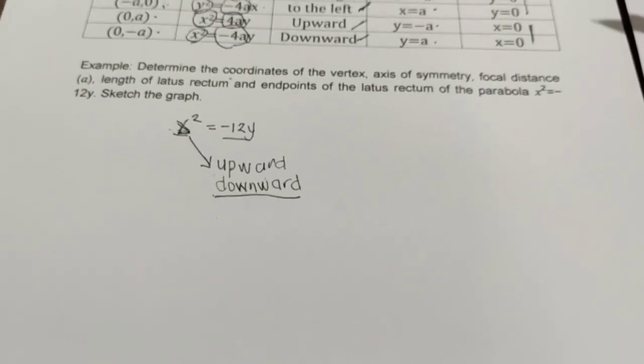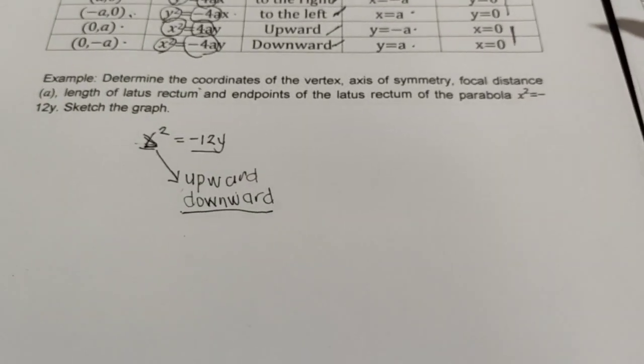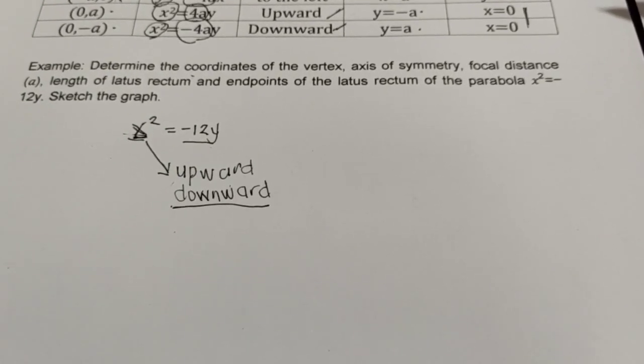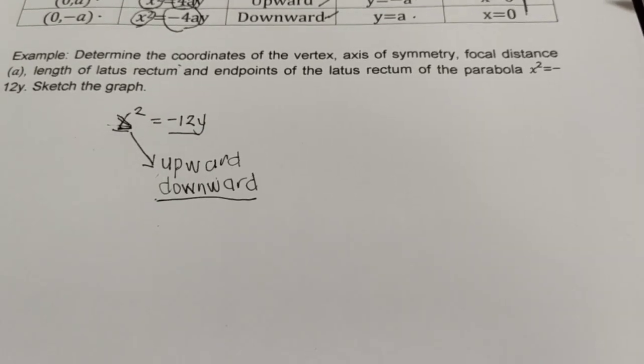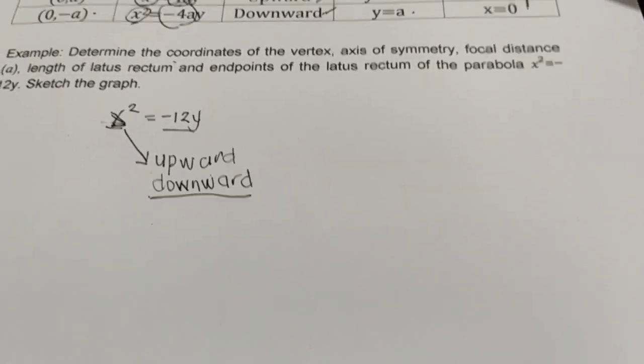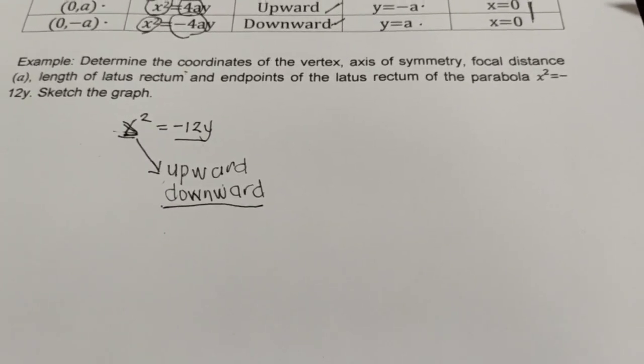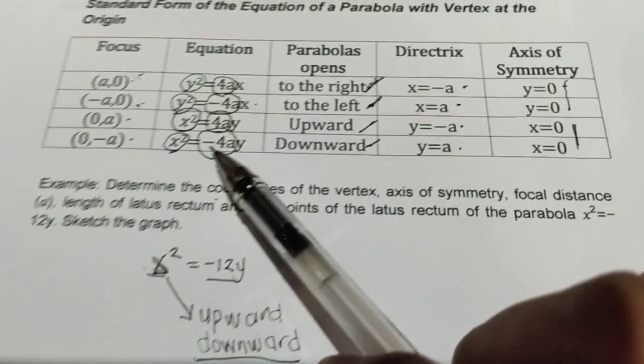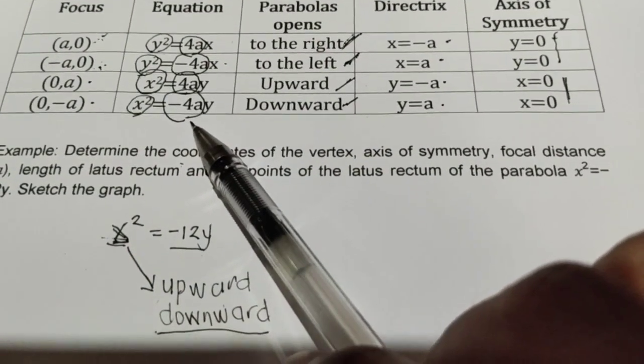So in order for us to get the vertex, axis of symmetry, latus rectum, and the endpoints of the latus rectum of the parabola, we need to get first the focal distance a. Since the parabola opens downward, then we have x squared is equal to negative 4a.